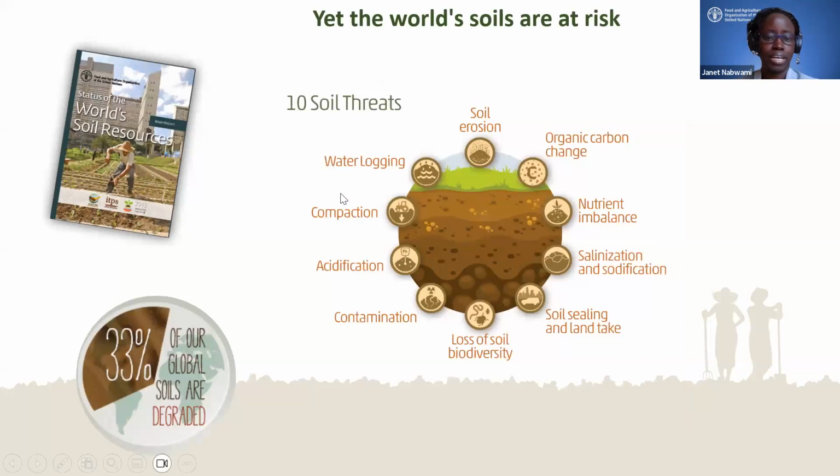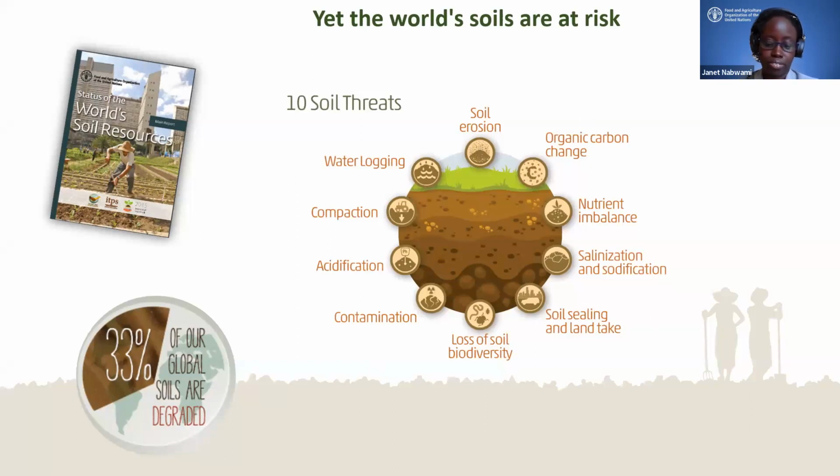And as we see from the World Soil Resources publication, we've seen that soils actually are under a lot of stress. And a lot of the stress is coming from threats, more like 10 threats that are affecting our soils: erosion, nutrient imbalance, salinization.